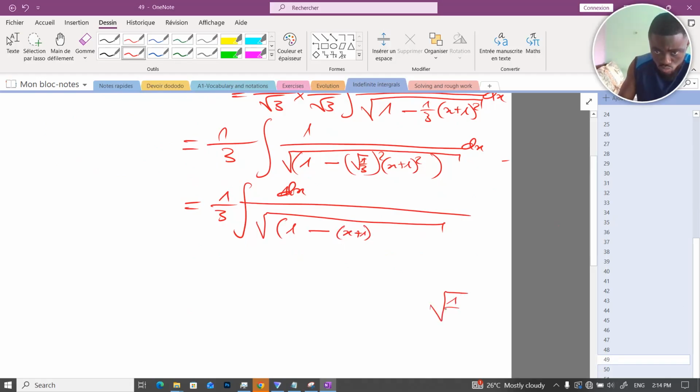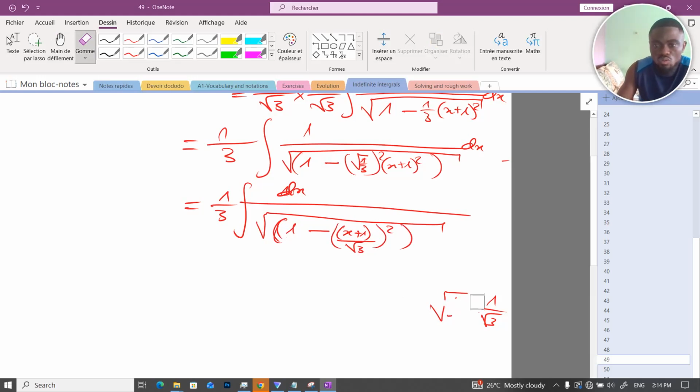Notice that root 1 on 3 is the same thing as the square root of 1 over the square root of 3, which is simply 1 all over root 3. So this will be all over root 3, all that squared, and I close the brackets here. Is that okay?